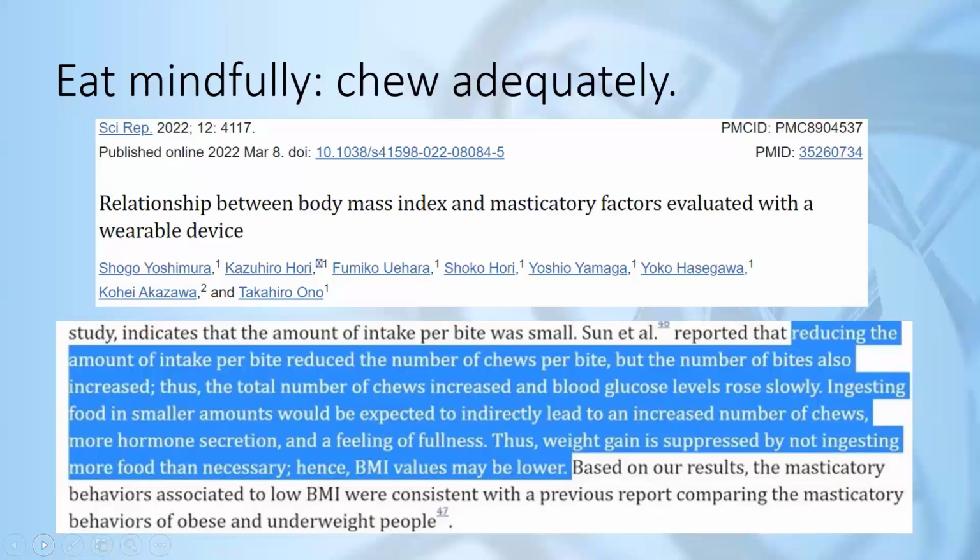But that also means you increase the number of spoonfuls that you take, and therefore you increase the total number of chews. And again, that's going to translate into more hormone secretion, a feeling of fullness, and slower rise in the blood glucose levels. So, a simple thing as chewing properly has profound effects.